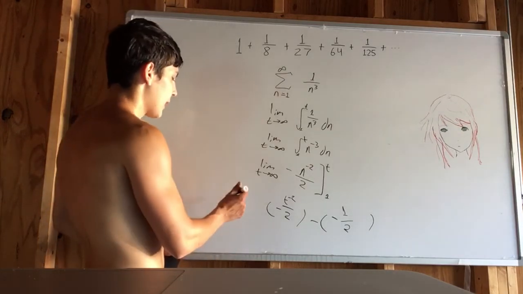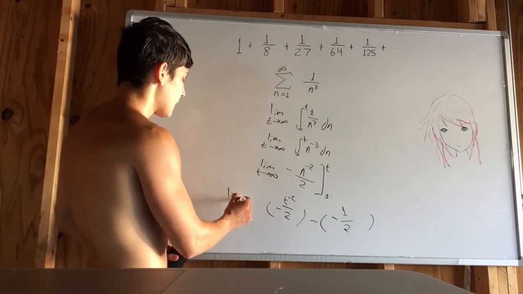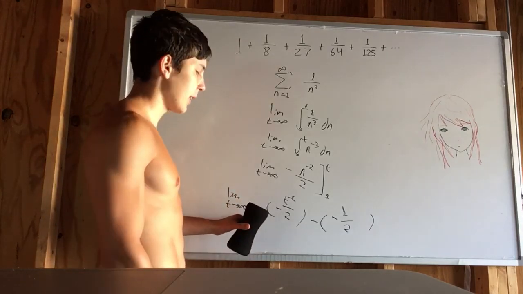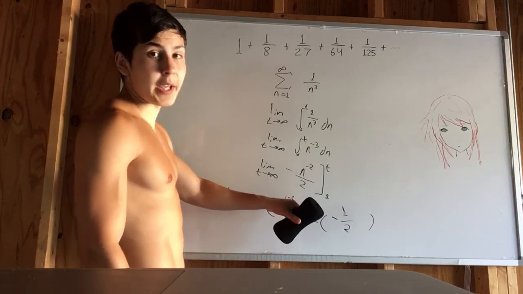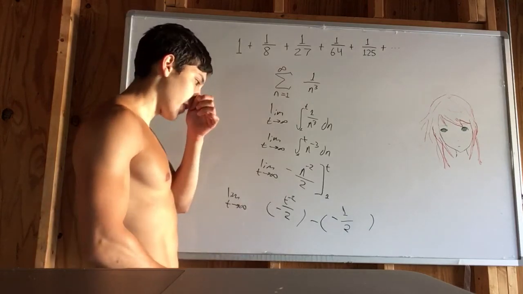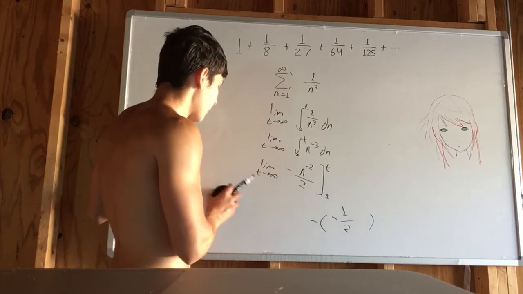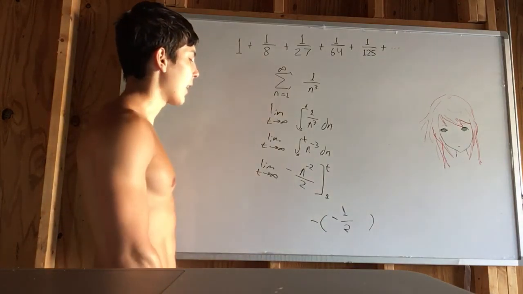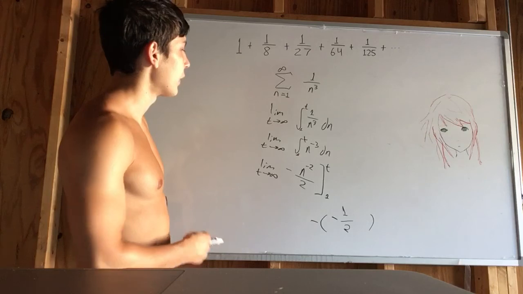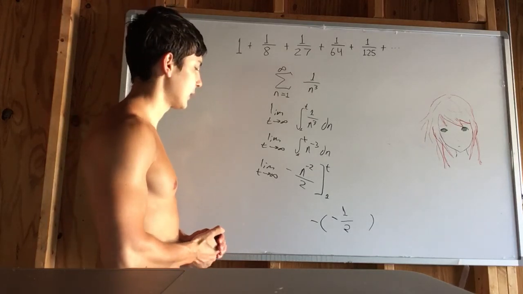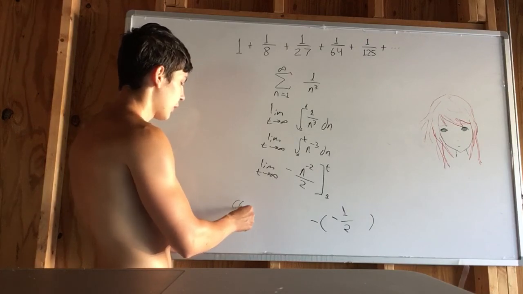So we have our limit as t approaches infinity. It's clearly in the denominator that infinity resides because we have a negative exponent, and therefore this goes to 0. Our answer would be positive 1/2. So this would converge to positive 1/2 by the integral test. Converge.